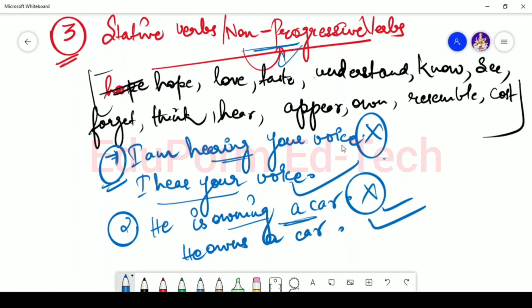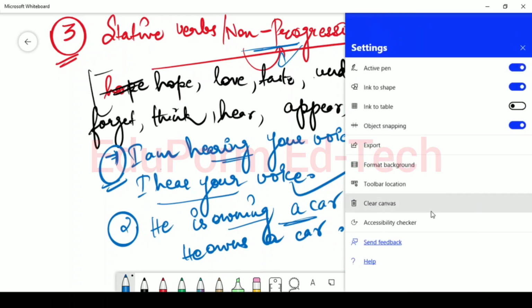So in both the cases always remember to read out the whole sentence and try to figure out whether the verb used in that sentence should be in the form of a stative, non-progressive verb or a progressive verb, okay. So you'll have to differentiate between the two and then use the continuous tense. So if it is a stative verb, then do not use present continuous tense.